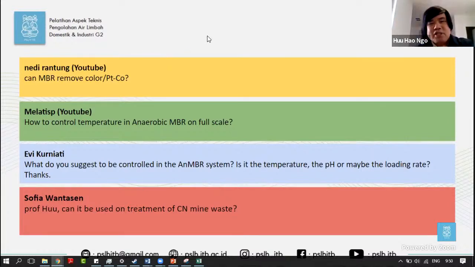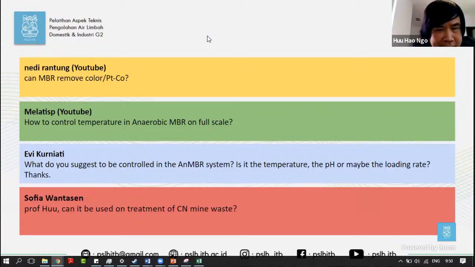Just remember about the organic loading rate, I mentioned the higher the better. So it's all right for the loading rate, but the temperature, pH, HRT, and SRT are really, really important. That means we need to play around with these four parameters.